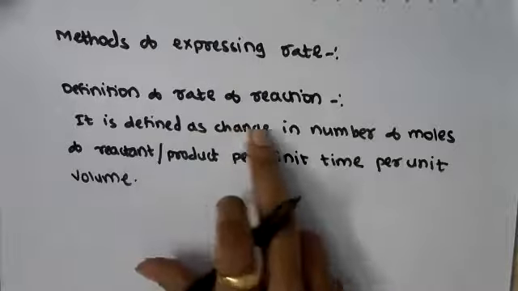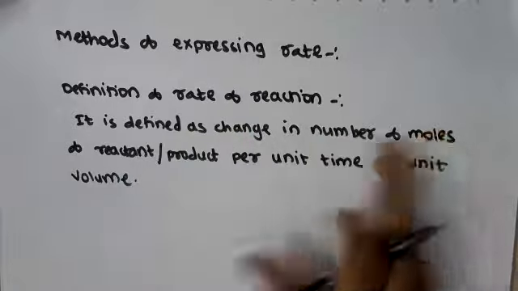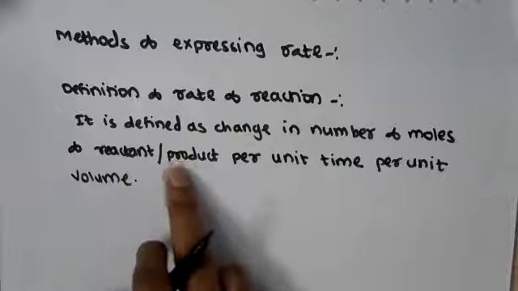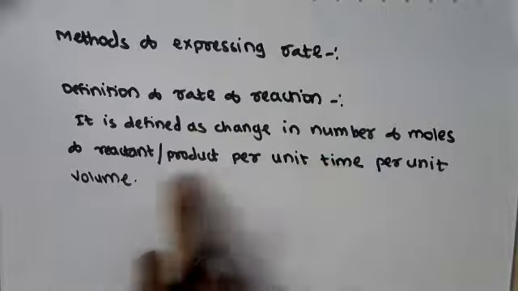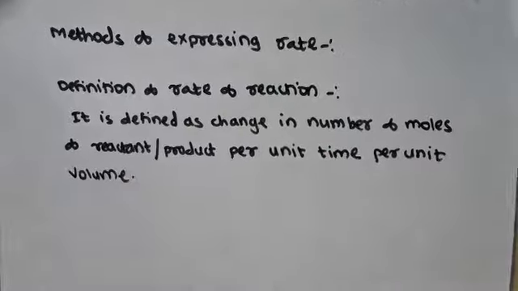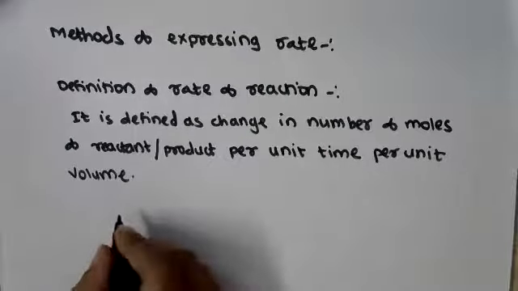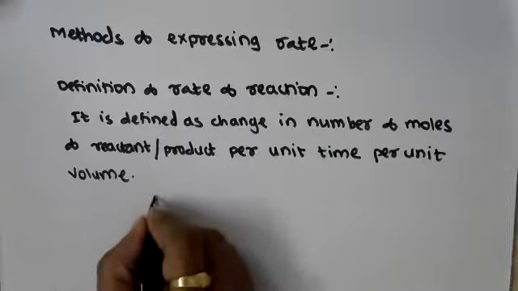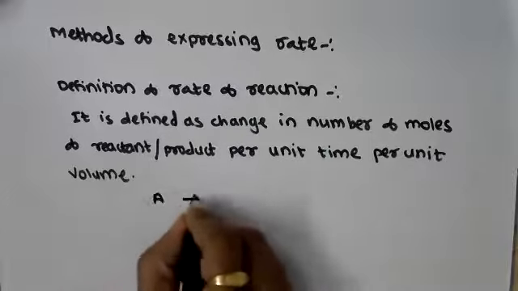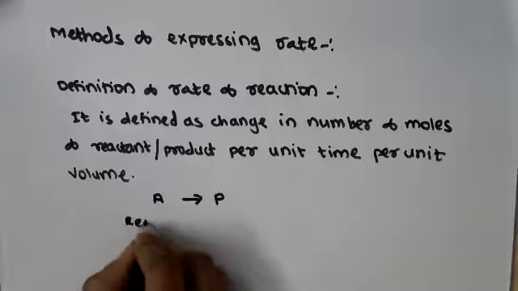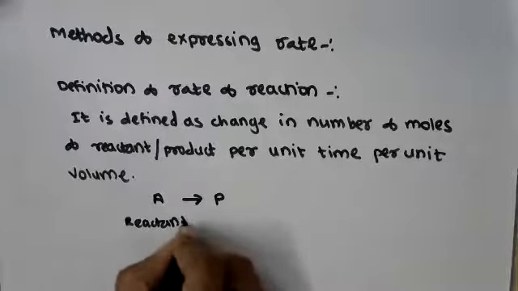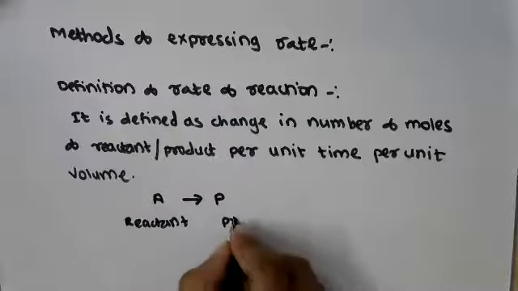So it is defined as change in number of moles of reactant or product per unit volume, per unit time. Now, suppose consider the reaction A gives P, where A is reactant and P is product.